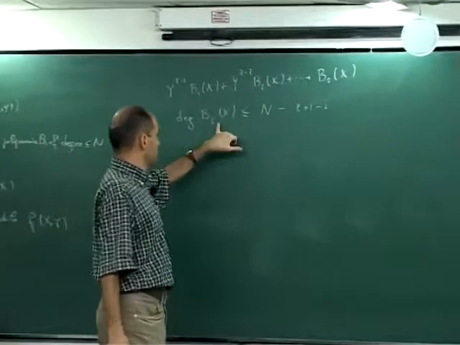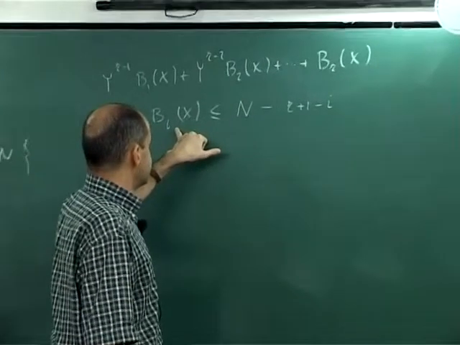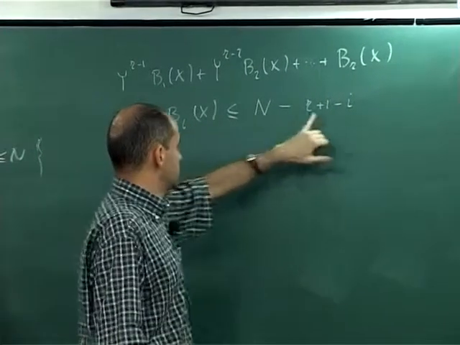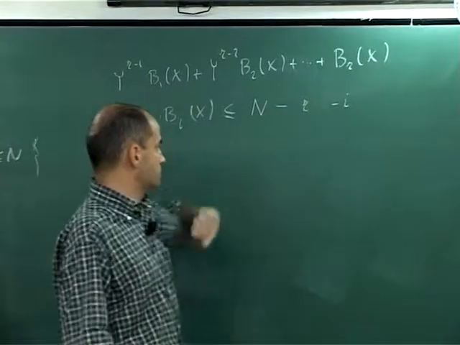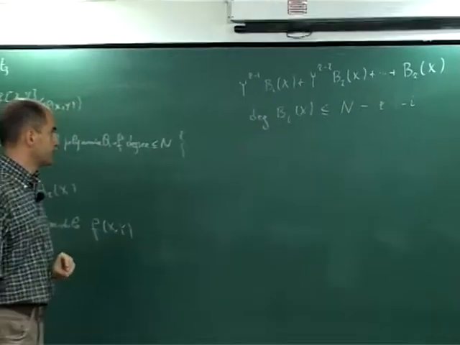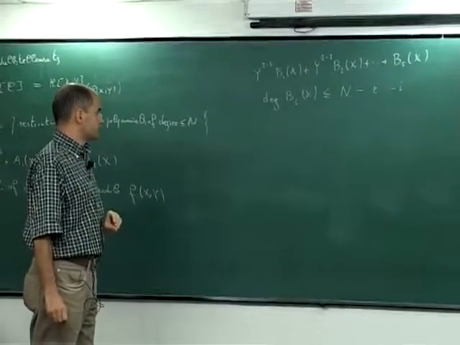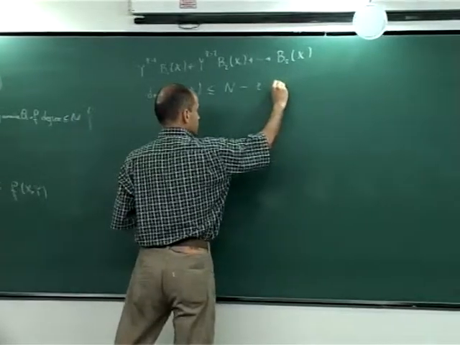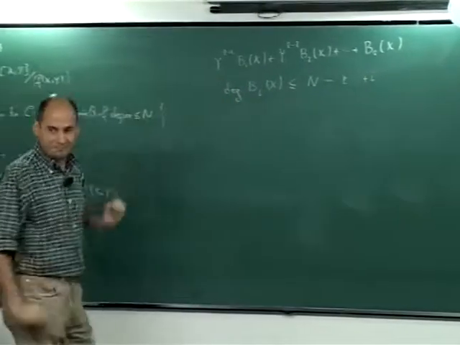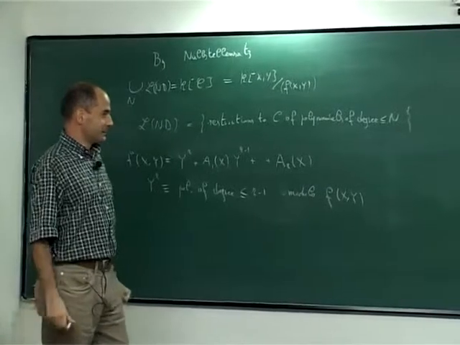Let's see, for i equal r, no, there is no plus 1. Okay. Plus i. Okay.